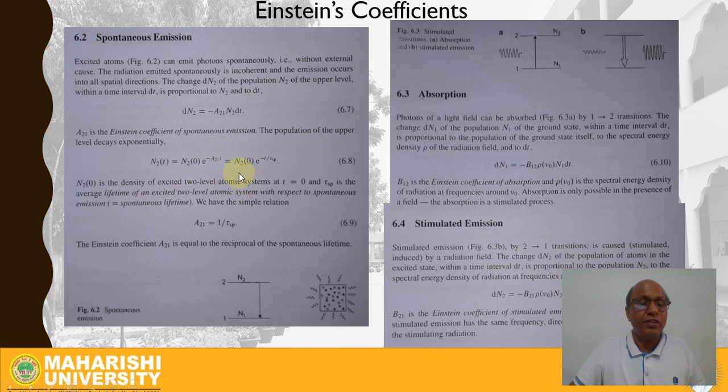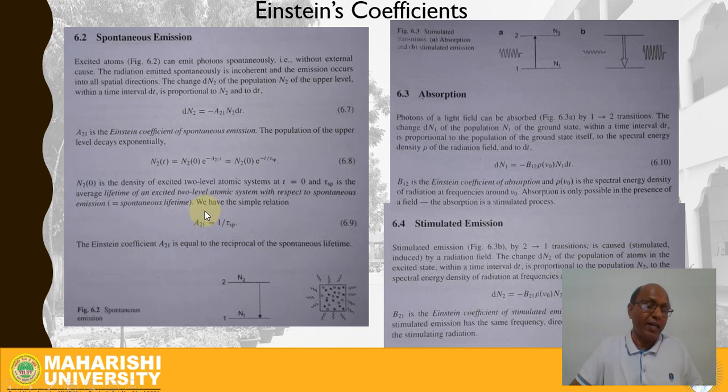So this explains that since there is no incoming radiation or stimulating radiation occurring, the atoms transiting from level N2 to level N1 will be transiting as per their spontaneous lifetime. They will be doing it on their own. And you can see here that this spontaneous lifetime is the reciprocal of the Einstein coefficient.